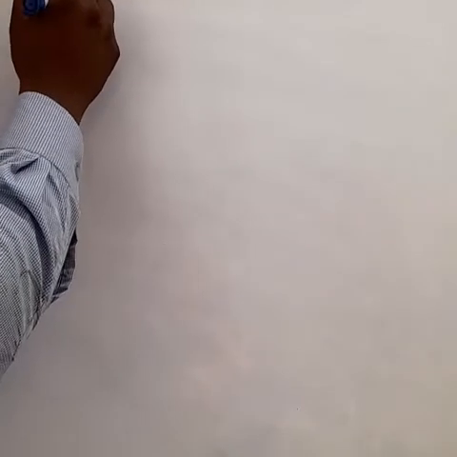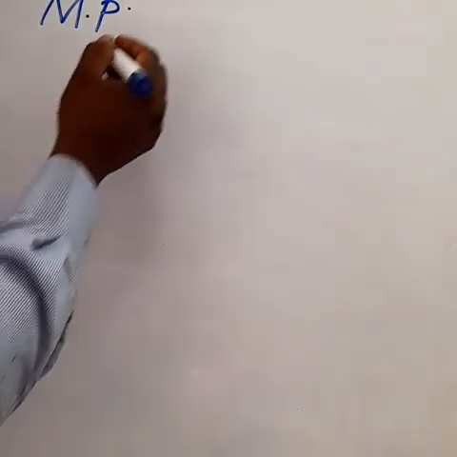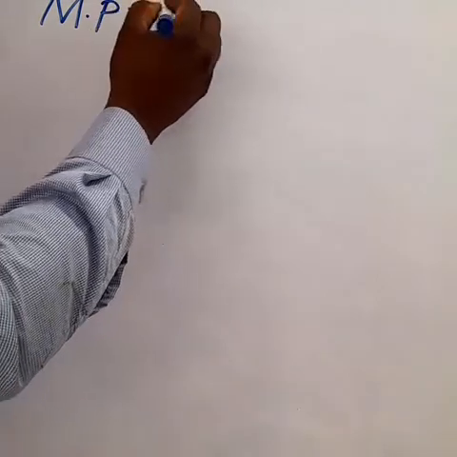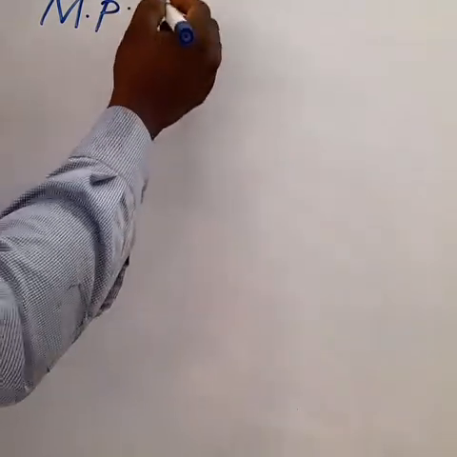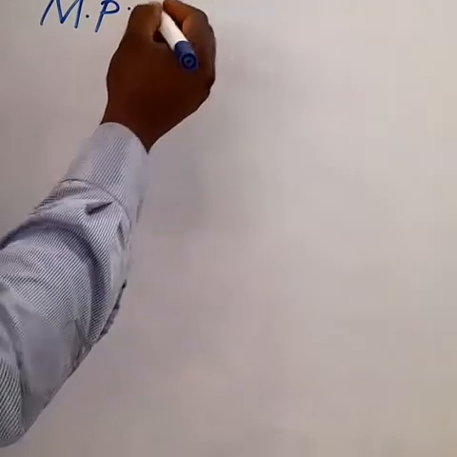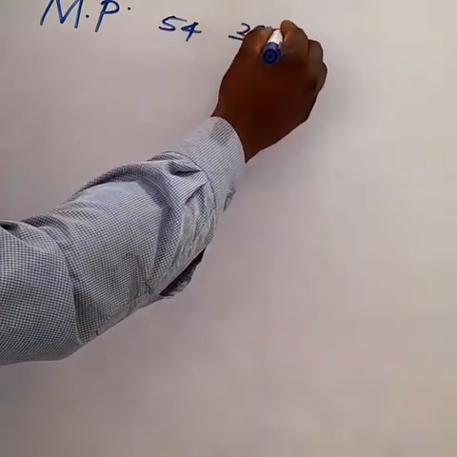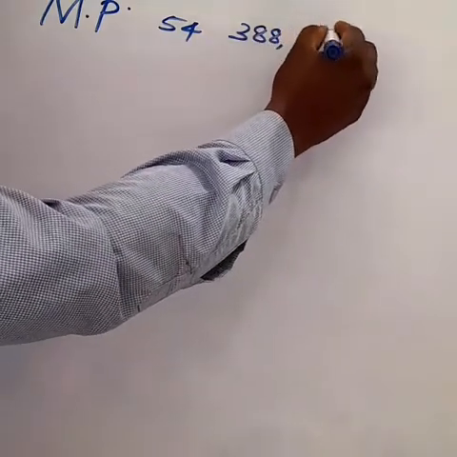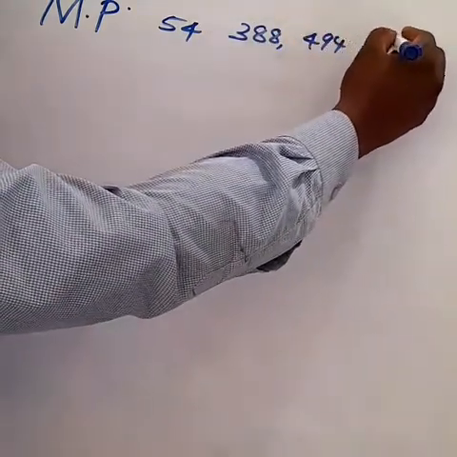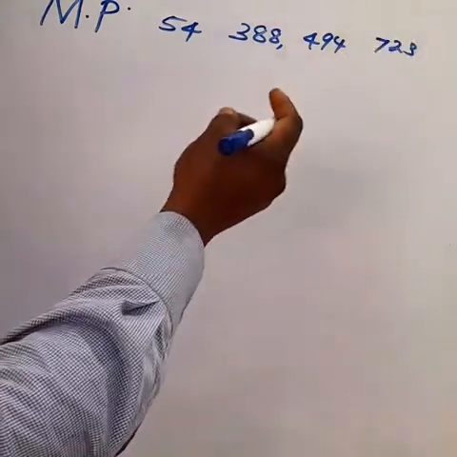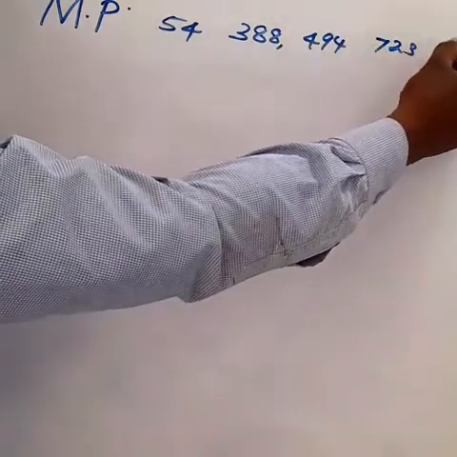Next, atomic radius and density you have to learn as per the theoretical part, they may ask it in one word. Next, the melting point and the boiling point. Melting point: oxygen 54, sulfur 388, selenium 494, tellurium 723 and polonium 527.